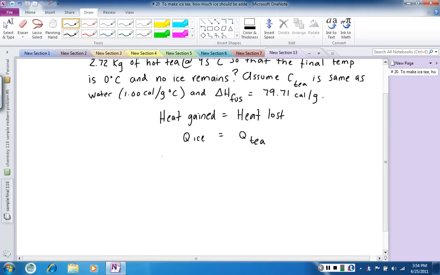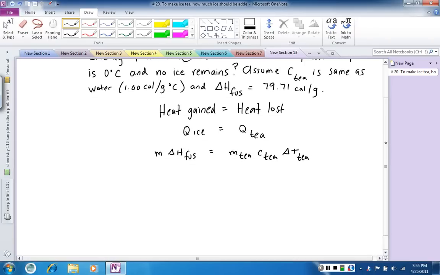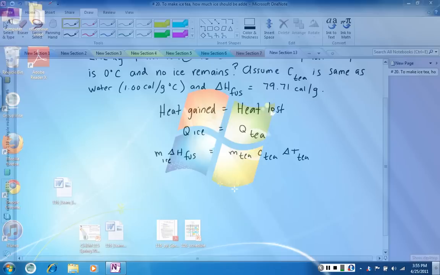The heat gain from the ice is going to equal your mass times your delta H fusion for ice, or water in this case, and you're going to use mass of your tea times the specific heat capacity of the tea times your delta T, your change in temperature of your tea. So that's mass of ice.